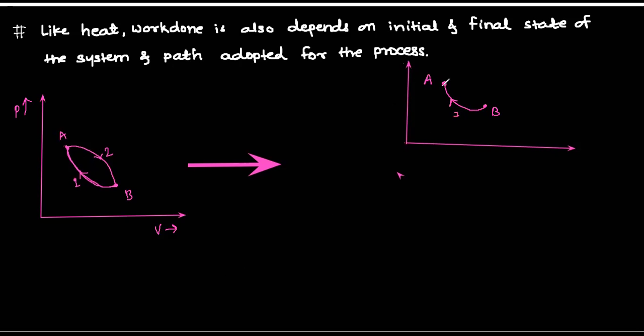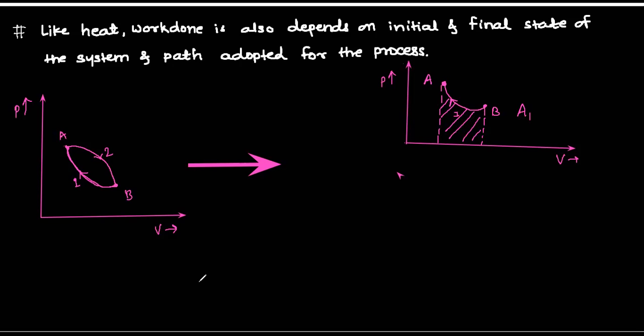This is the first path, and this is the shaded part, the area under the graph. This is volume, this is pressure. If I shade this part for path 1, let's suppose this is the area A1.